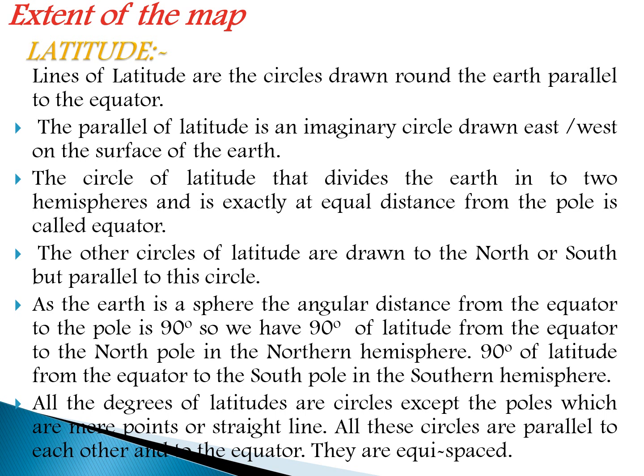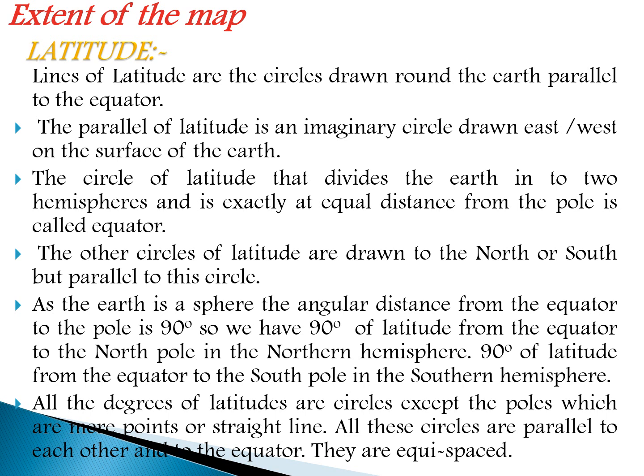As the earth is a sphere, the angular distance from the equator to the pole is 90 degrees. So we have 90 degrees of latitude from the equator to the north pole in the northern hemisphere, and similarly 90 degrees of latitude from the equator to the south pole in the southern hemisphere, so 90 degrees on either side. All the degrees of latitude are circles except the poles, which are just points.